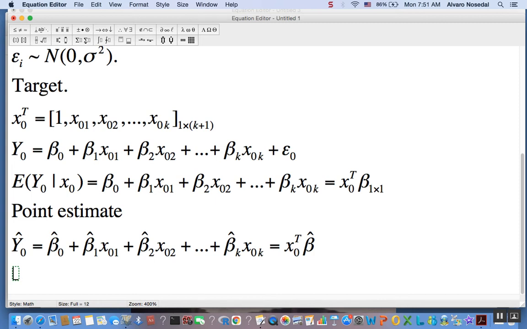But before we do that, let's see what's the expected value of this point estimate of ours.